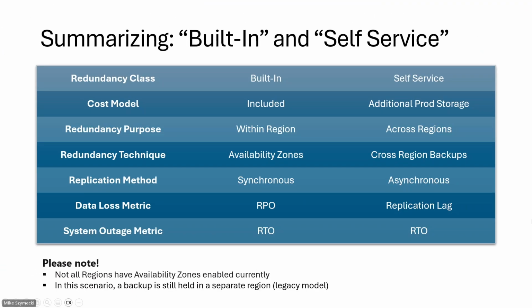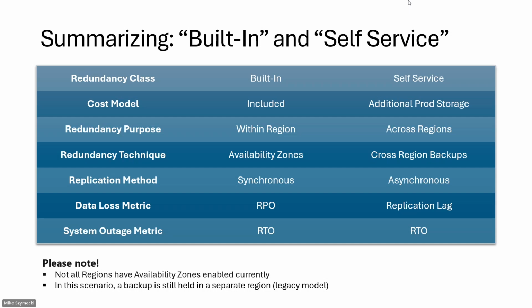So this is just to summarize the built-in aspects, and then on top of that, if the customer wants to also enable self-service. In terms of the redundancy class, one is built-in, one is self-service. Cost model: built-in is included, and there's an additional capacity-based cost for self-service. Redundancy for built-in is within region, for self-service across region.